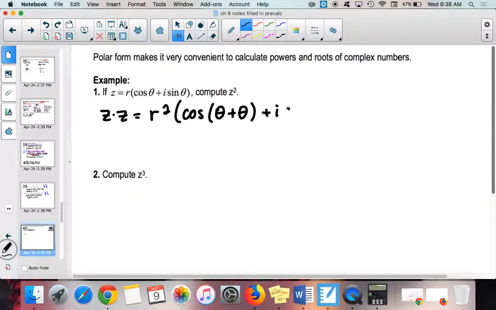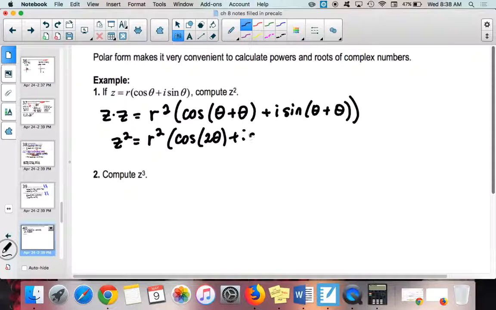And then I'm going to have i sine of theta plus theta, right? That's what our rule said. It said that we multiply the r's together, so we end up getting r squared, and we add our thetas together. So if I have z squared, do you see that it's equal to r squared, and then cosine of not theta squared, but what? 2 theta, plus i sine of 2 theta.